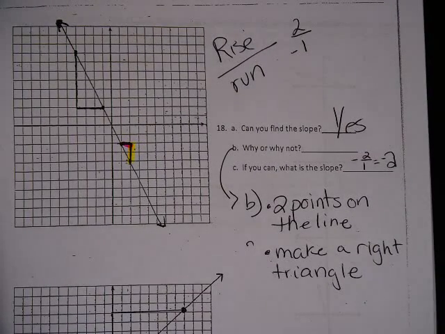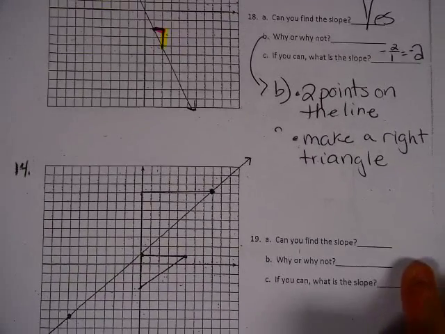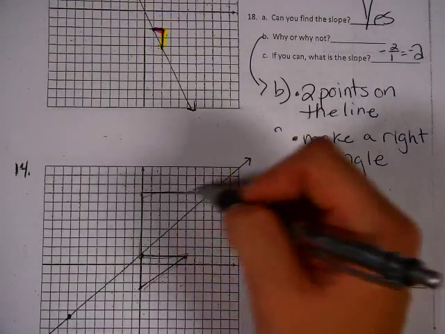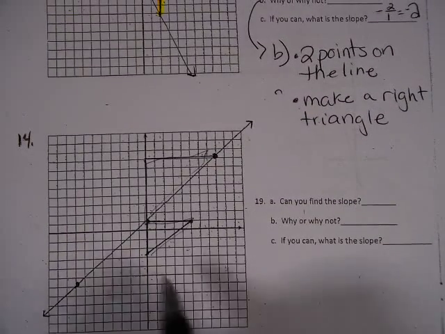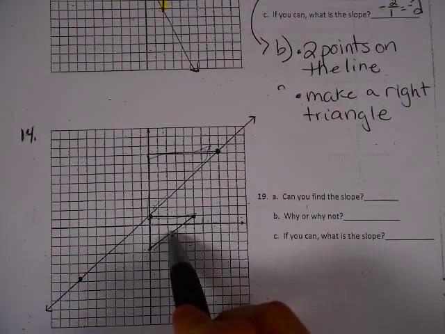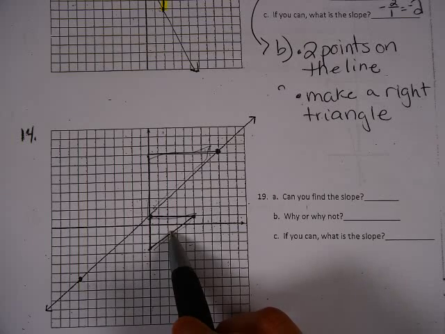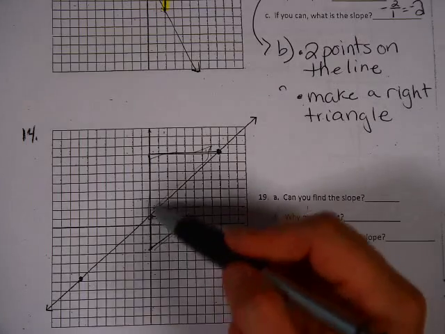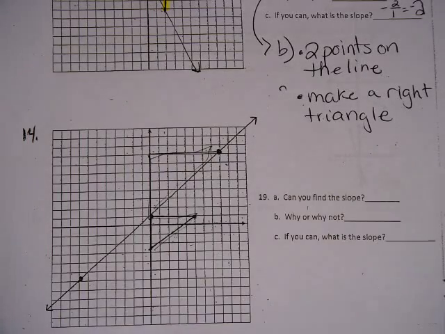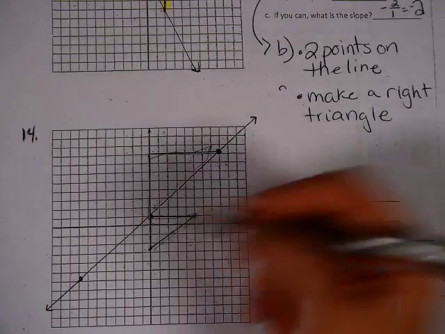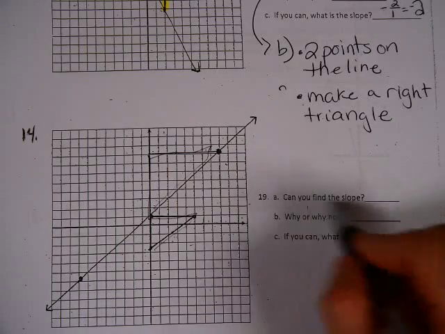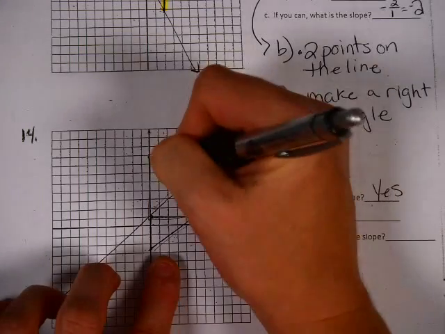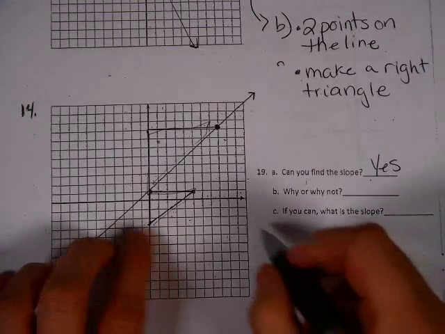Now let's look at these right triangles they're talking about. Looking at this one, can you use it to find the slope? No, because it doesn't have 2 points on the line. Now, this one it does. Can you find slope? Yes, but you have to use this one. Why or why not?